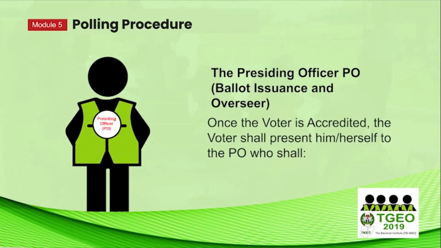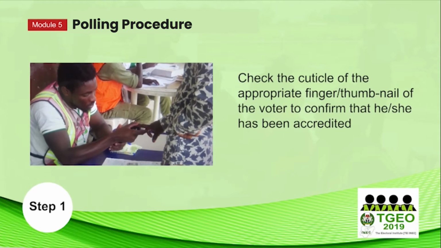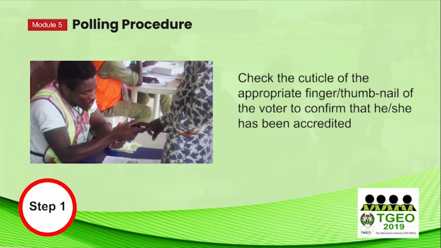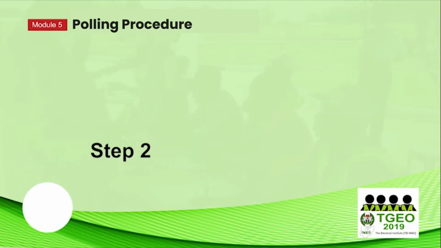The Presiding Officer, PO, ballot issuance and overseer. Once the voter is accredited, the voter shall present him or herself to the PO, who shall: Step 1. Check the cuticle of the appropriate finger or thumbnail of the voter to confirm that he or she has been accredited. Step 2.